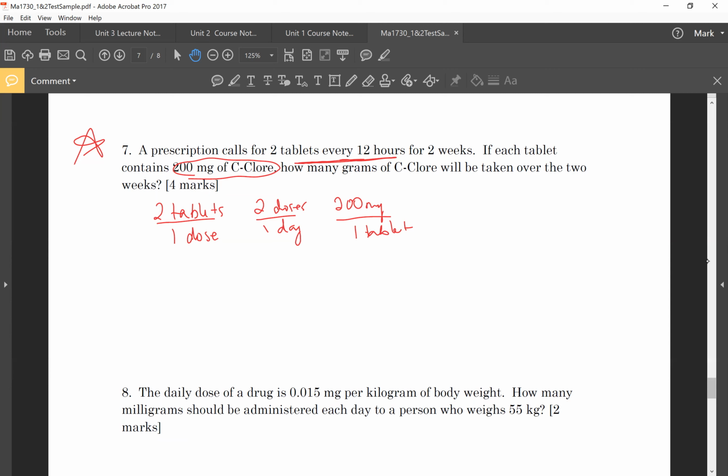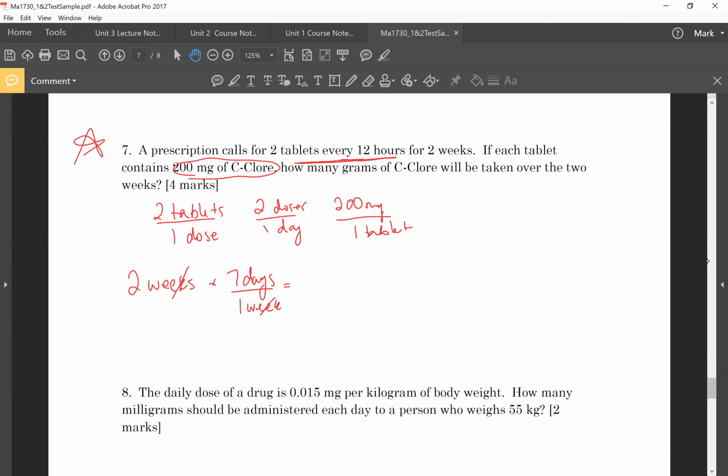Let's do this conversion. Okay, so step number 1, we're working with 2 weeks. I know that they're taking 2 doses per day, but I need to know first how many days are in a week. Well, that's easy. Classic conversion. There are 7 days in 1 week.